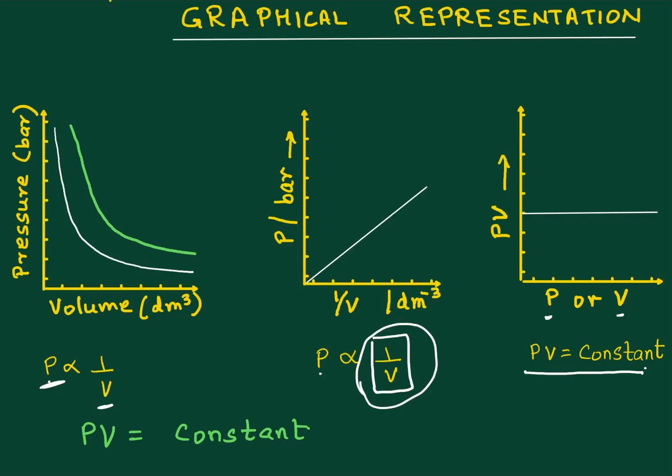So I have the first graph at temperature T1, the second graph at temperature T2, where T2 is greater than T1, right? What happens to the graph of pressure against the inverse of volume? Again, what will happen?